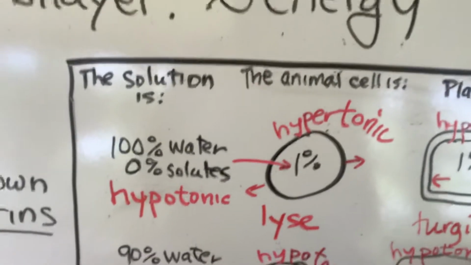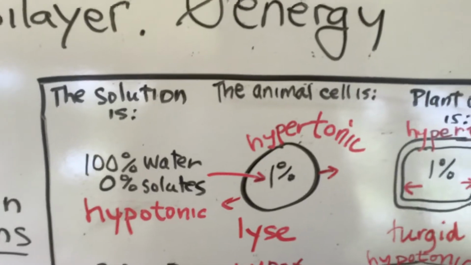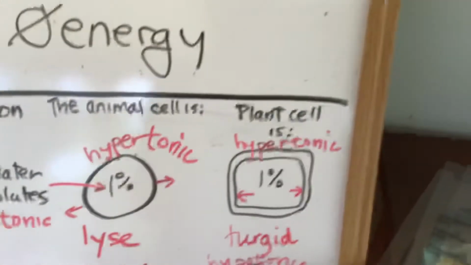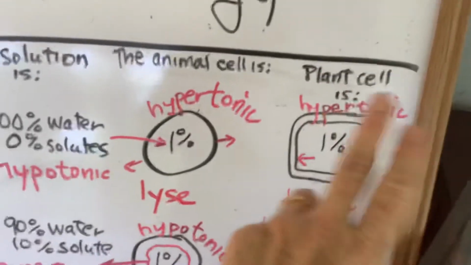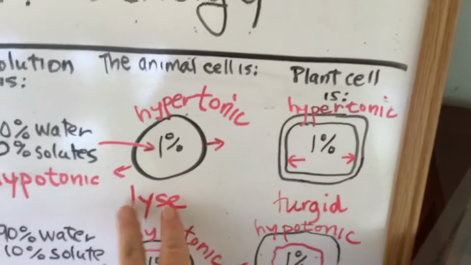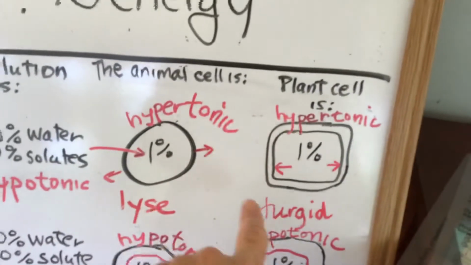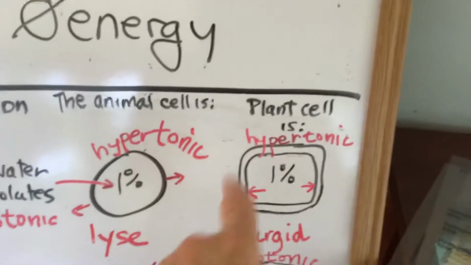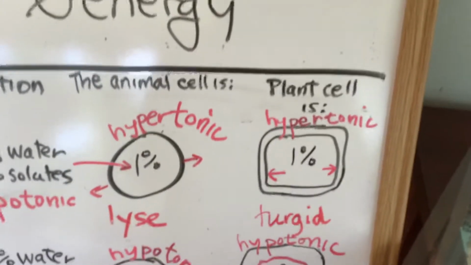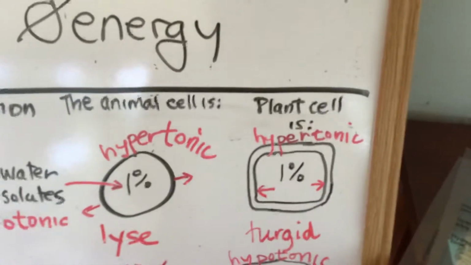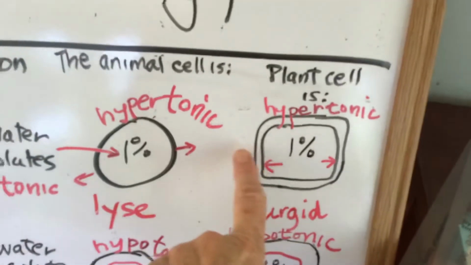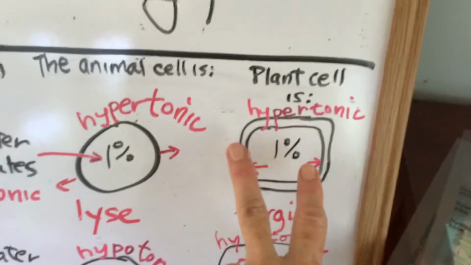So for example, I couldn't just say this is hypotonic, because I'm saying what's hypotonic, the solution or the cell. Okay. Now, a plant cell actually likes this situation. It will not lyse because it has the cell wall. Now remember, the cell wall is somewhat rigid, and it's rigid enough in this case to stop the expansion of the cell membrane.